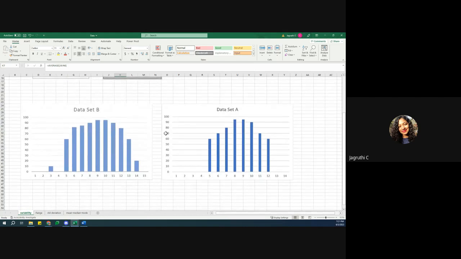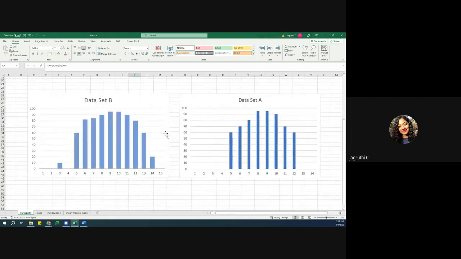Let's look at these two graphs here, data set B and data set A. I had to exchange both of these, but it's okay. B is my first data set, A is my second data set. If you look at A, the data points are very close to each other and very consistent. But data set B is broken down at a couple of points and is not consistent.